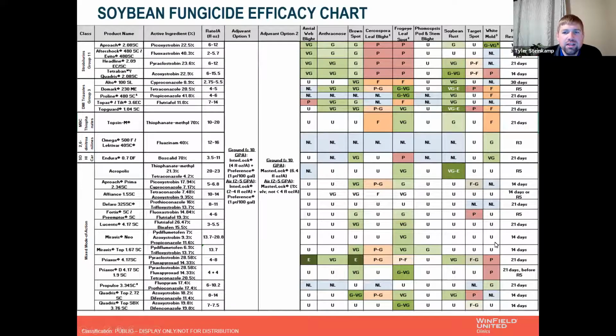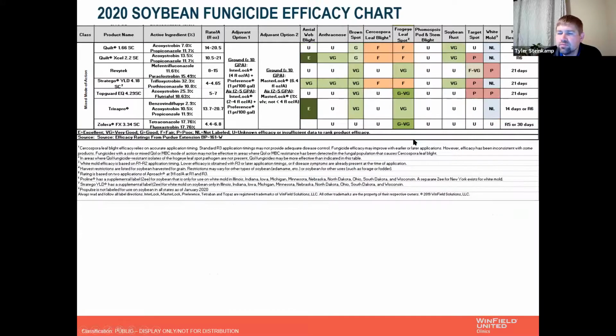I'm sure Mirvis Neo has fairly decent control, as does Delaro Complete. So I'll be interested to see the updated charts so we can see what it does on white mold. Here's an efficacy chart continued on white mold, on soybeans.